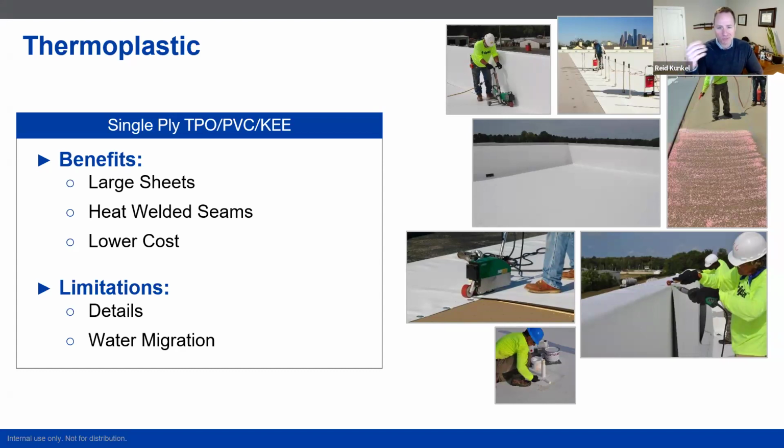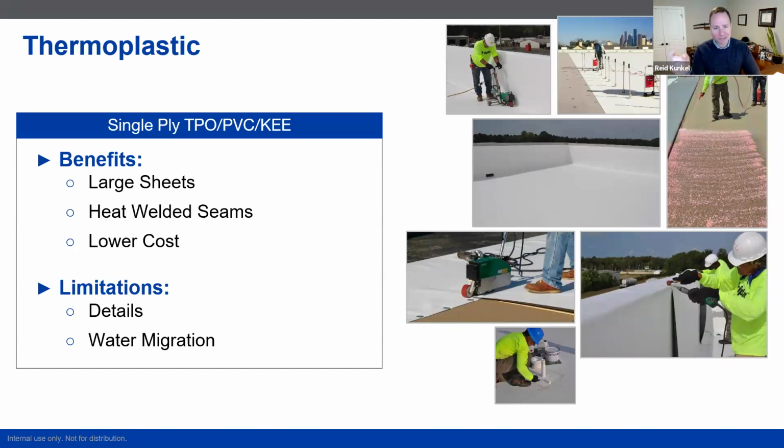So for the purposes of this, we'll just talk to them as a lump. Thermoplastics are manufactured to be watertight from the factory. They typically come in wider sheets of 5 or 10 feet, which helps with speed of application, as well as reducing seams. The seams are heat welded and provide a somewhat impenetrable lap when done properly.